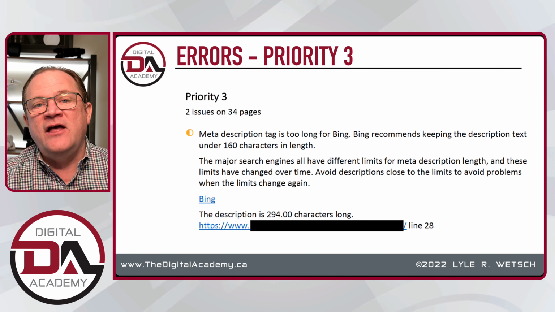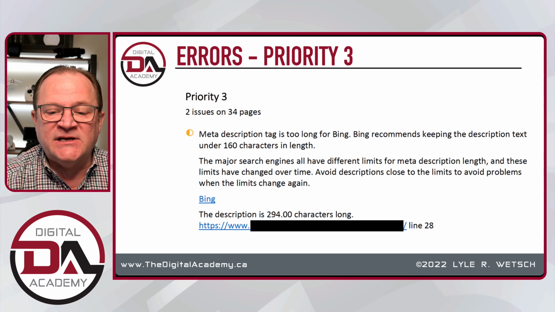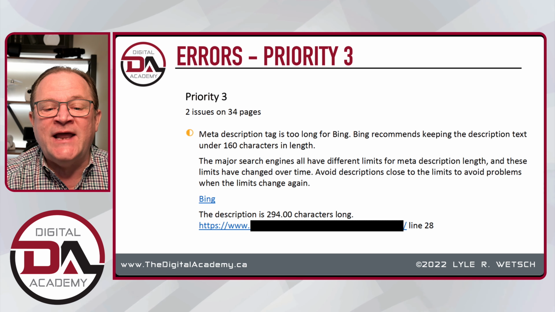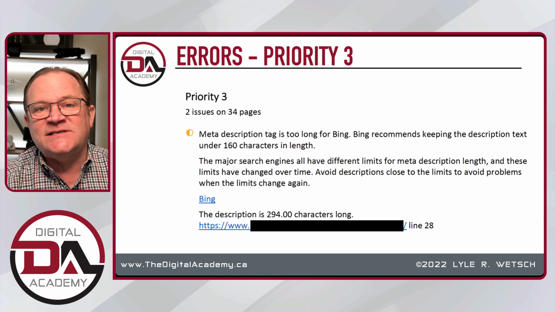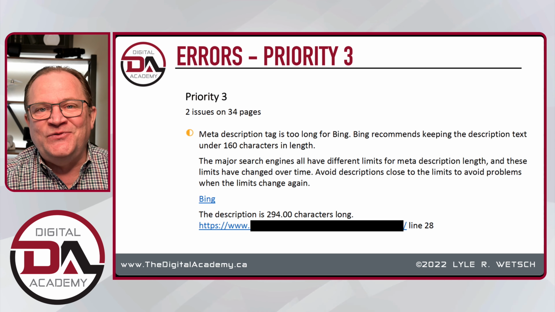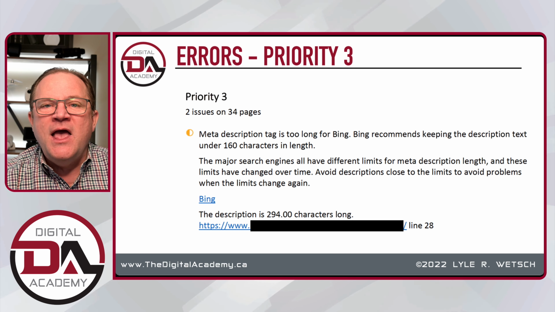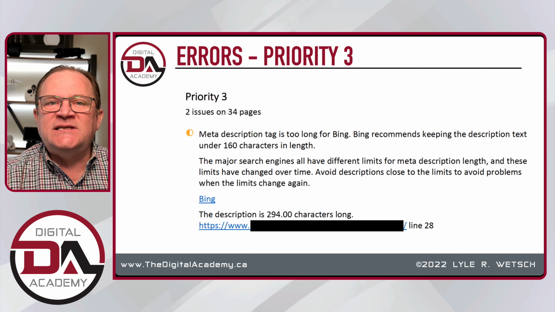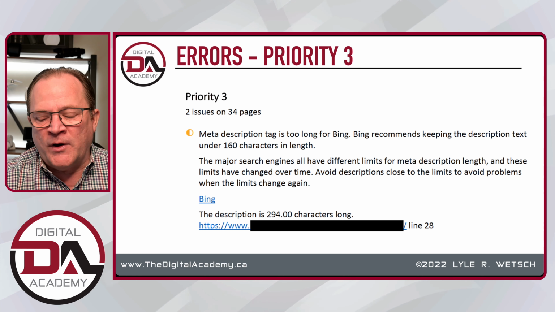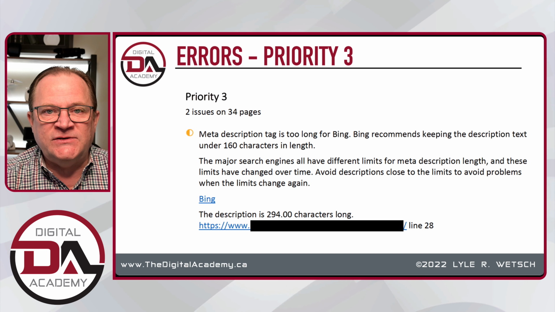So in this case, the target is 160 characters, but the description on this particular page is actually 294 characters. And then it tells you where in the code on that web page you find that particular information so you can adjust it. So it's a very detailed, very specific report that goes through priority 1, 2, and 3 issues.